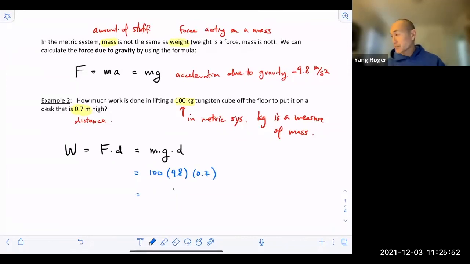So when I calculate this, let's see what I get here. I get 100 times 9.8 times 0.7. I get 686. Okay.